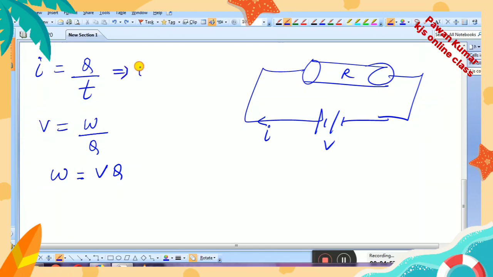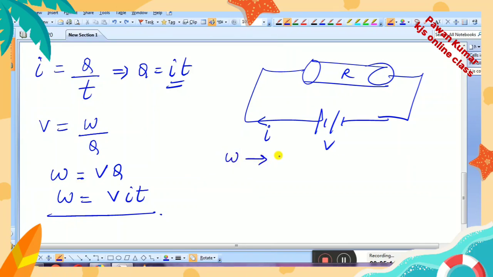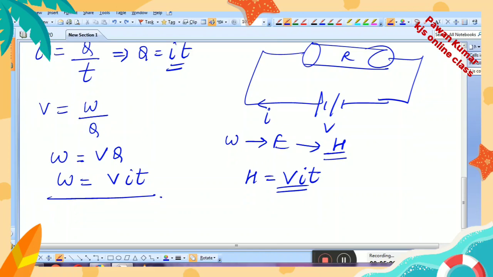From here, Q is equal to IT. If I replace this Q by IT, the formula of work will be VIT. Work is equivalent to energy, and this energy comes out in the form of heat, that is H. So the formula of H is VIT.